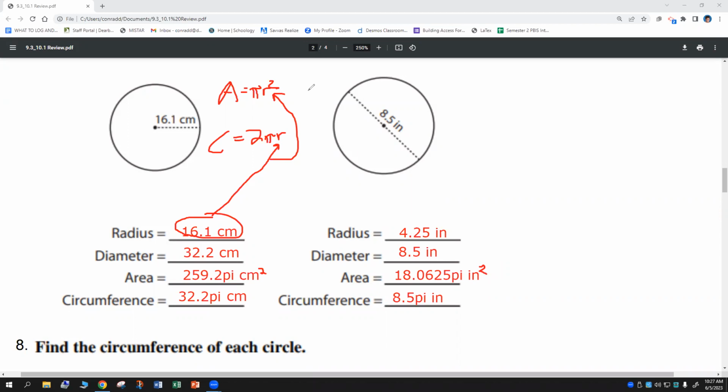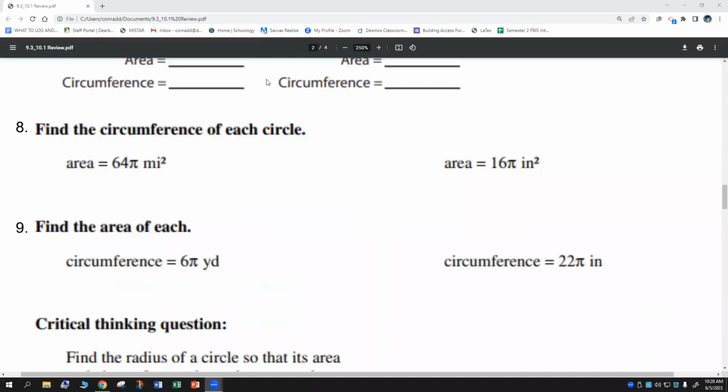All right. Let's look at number 8. So find the circumference of each circle. So we have the area. We know area is pi r squared. We know the area here for this one is 64 pi. So I'm going to substitute it in for A. Okay, we can divide both sides by pi. That gives us 64 equals r squared.